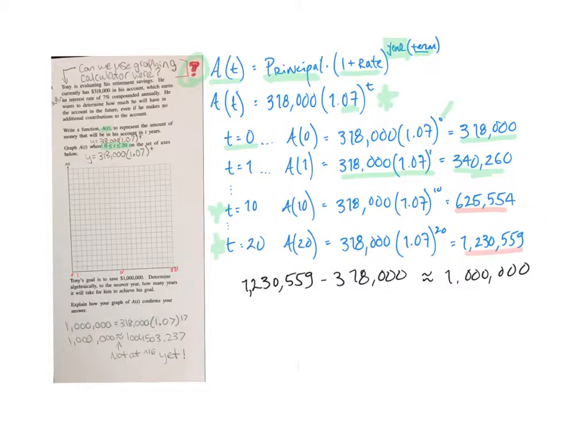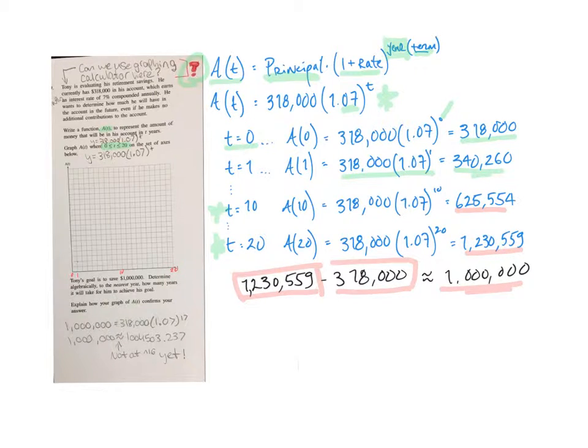To help with the Y scale, when we talked about this the other day, it's like, what is the range of the Y numbers that we have to represent? On the high side, we have a little over $1 million, $1.2 million. And on the low side, our initial investment, $318,000. This isn't exact, but it's pretty close to $1 million.